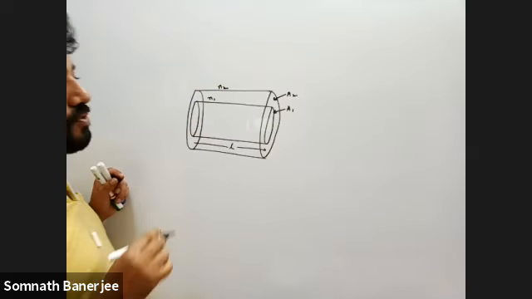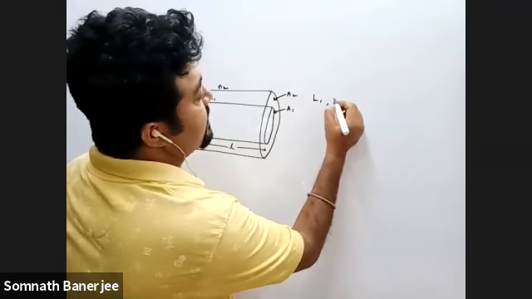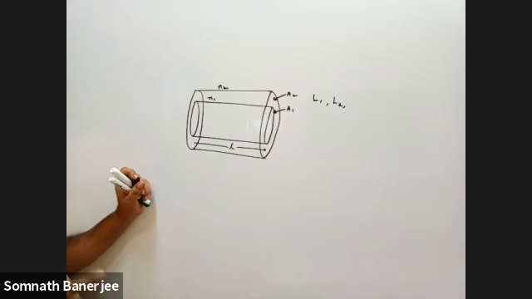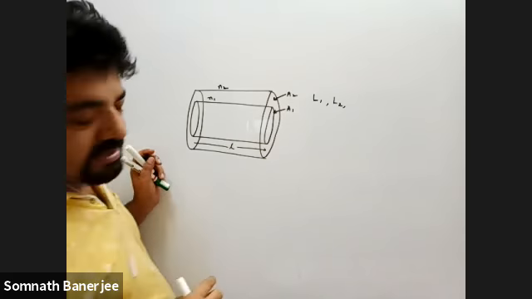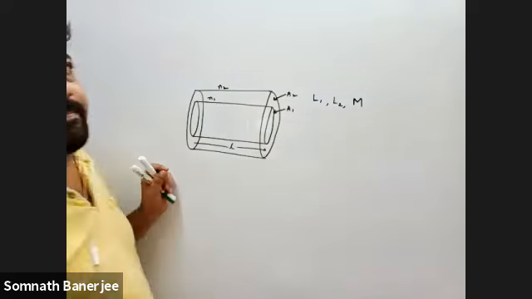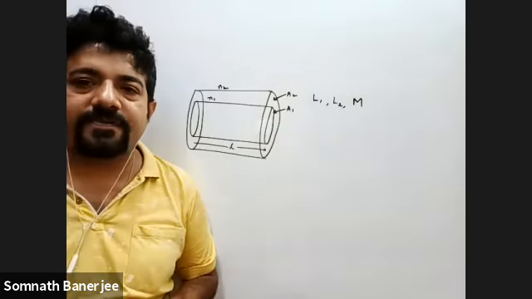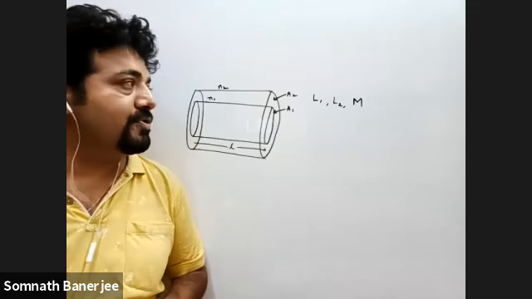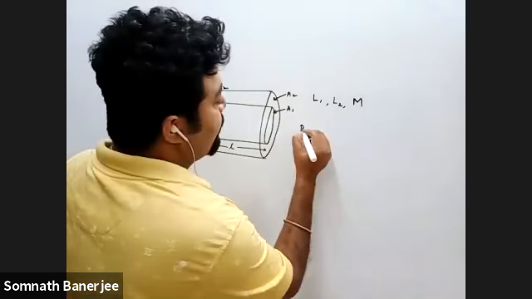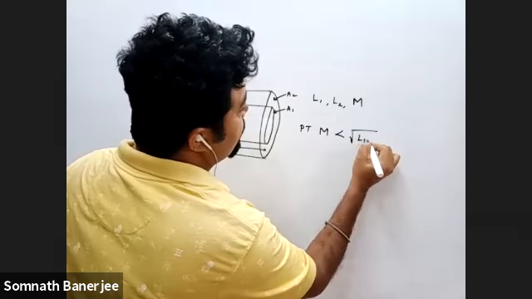According to the question, self-induction for the first coil is L1, self-induction for the second coil is L2, and mutual induction is M. I repeat, self-induction for the first coil is L1, for the second coil is L2, and mutual induction is M. Prove that mutual induction M is less than root over L1 L2.